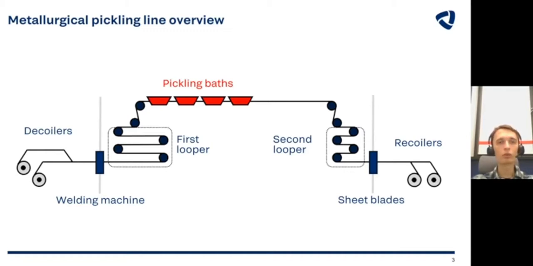You should pull your metal through baths continuously without stopping. So you weld your steel in the welding machine. Then you push your metal through the pickling bath, and you cut your steel after that to receive clean, high quality metal.